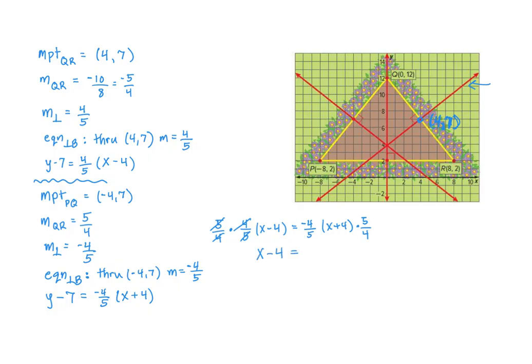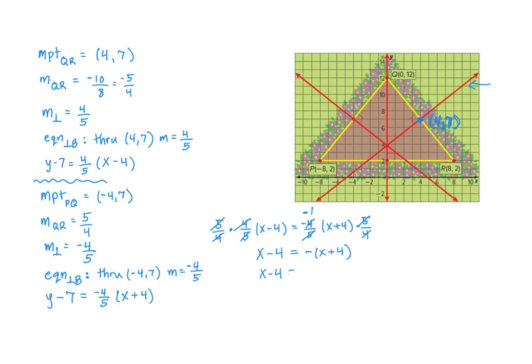But notice what happens over here. My 5's cancel, but my 4's have a common factor of 4, but the negative 1 is still left over there. So that is negative outside of x plus 4.